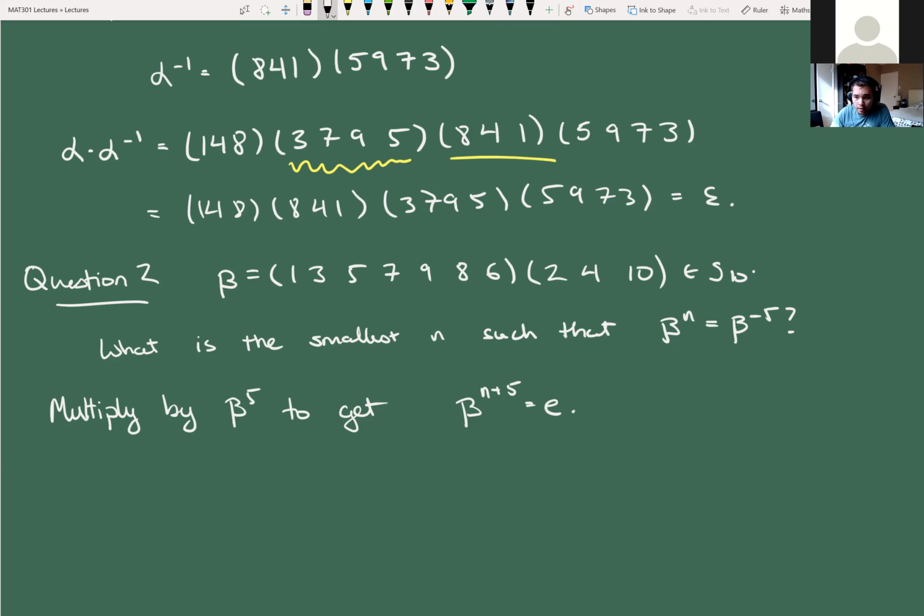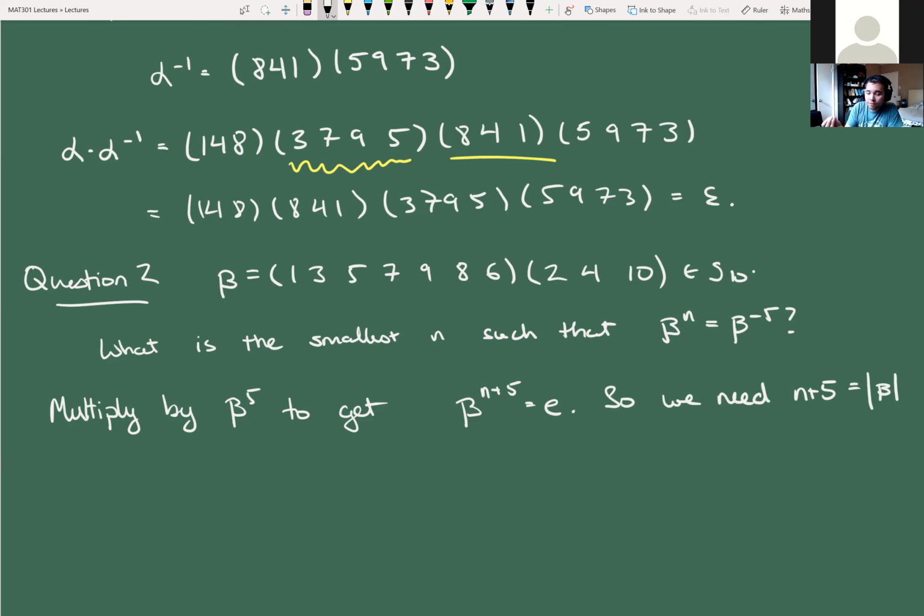So n, whatever n is, we want the least number n such that beta to the n plus 5 is equal to the identity. Basically we need n plus 5 to be the order of b. Right?